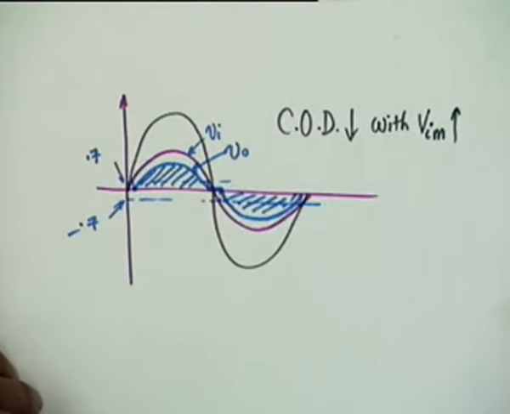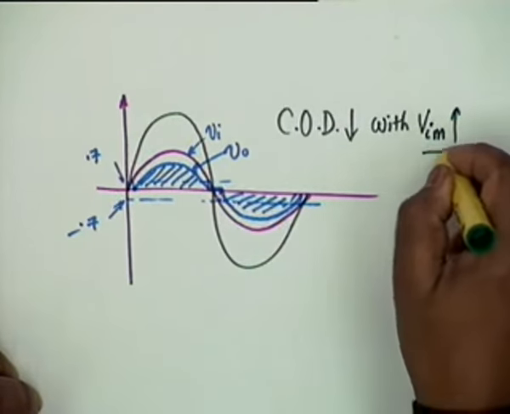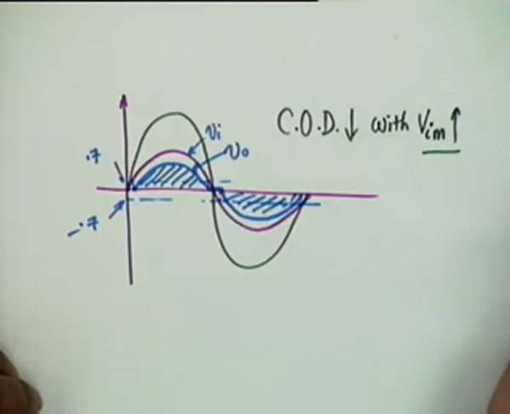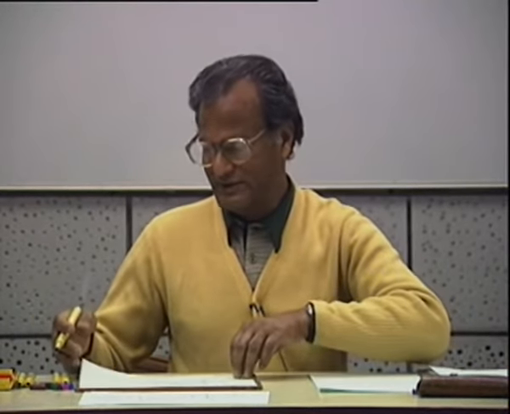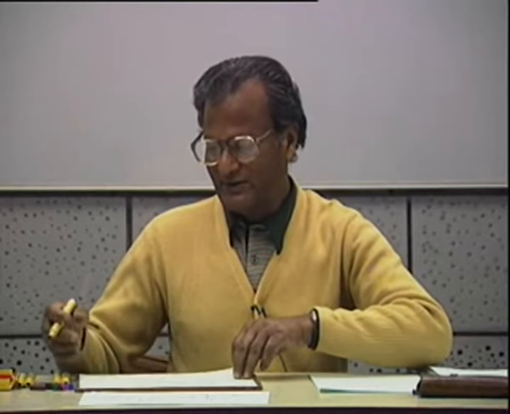Crossover distortion decreases. However, as you know, we cannot increase VIM indefinitely because of, again, distortion considerations. We cannot increase it beyond VCC anyway. That is the limit. What is the limit?